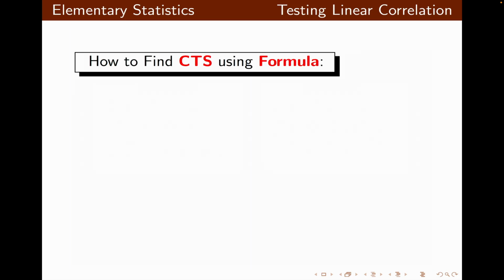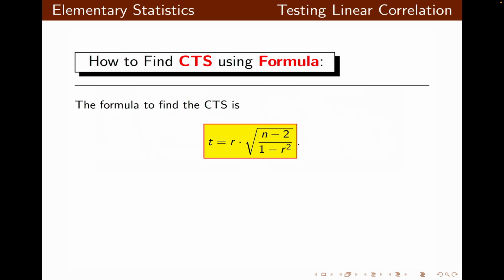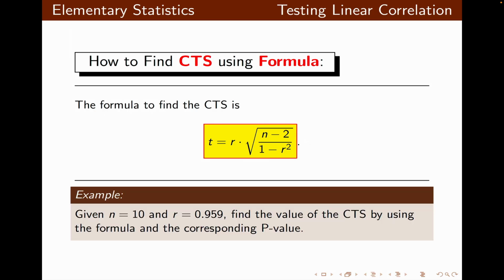How to find the test statistic using the formula? The formula for the test statistic comes in different forms. This is one version of it. t is equal to r times the square root of n minus 2 over 1 minus r squared. So in this example, we have n equal to 10, r is equal to 0.959.